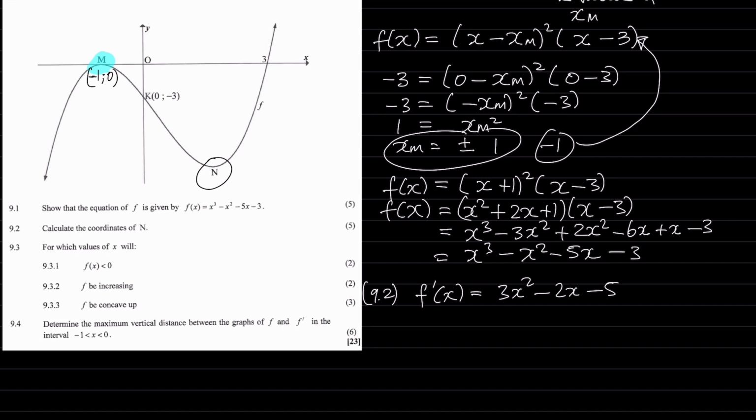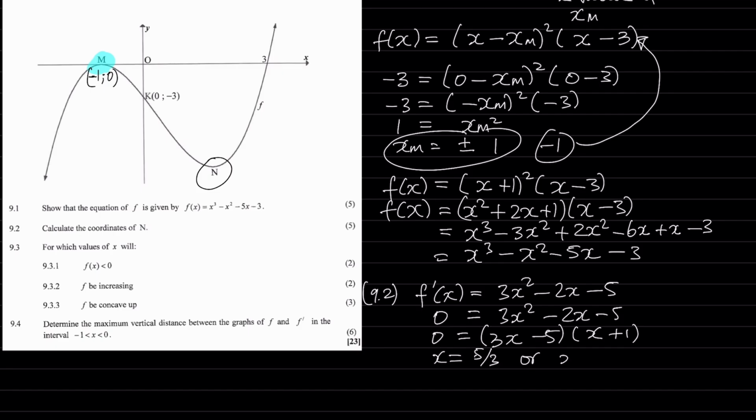Next, equate it to 0. 0 is equal to 3x squared minus 2x minus 5. Factorize. You're going to get 3x minus 5, and then x plus 1. Now we solve. X is equal to 5 over 3, or x equals negative 1.